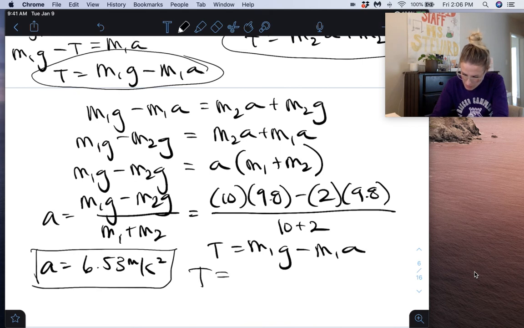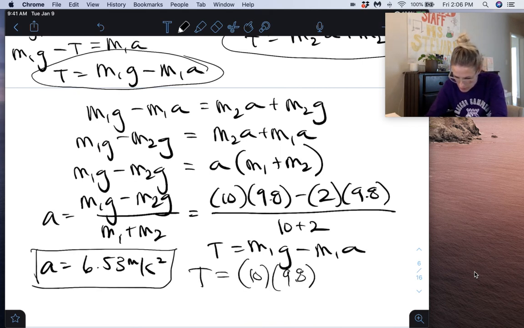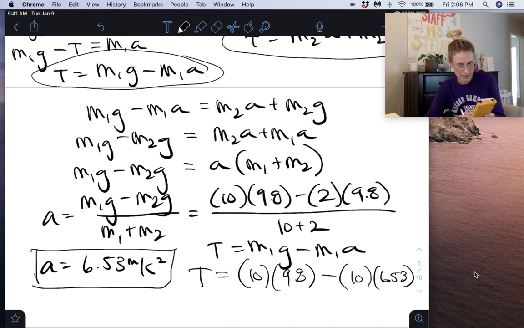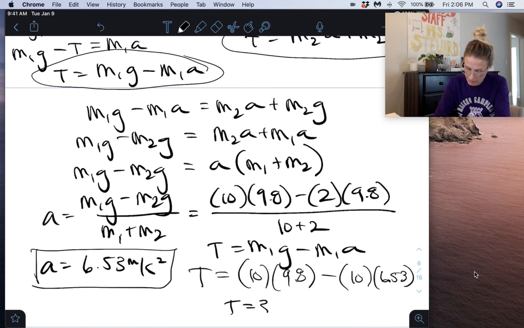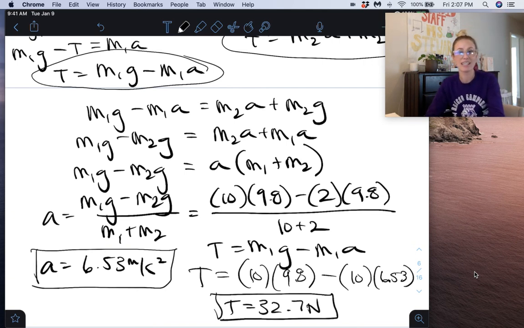So tension will be mass 1, which was 10 kilograms, times acceleration of gravity, 9.8 meters per second squared, minus 10 kilograms times 6.53. So we get 10 times 9.8 minus 10 times 6.53, and we get 32.7 newtons for the tension in the string.